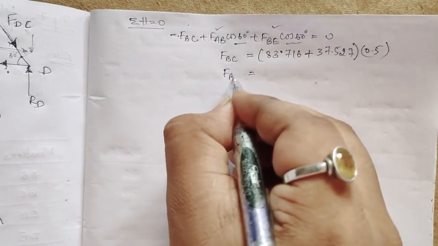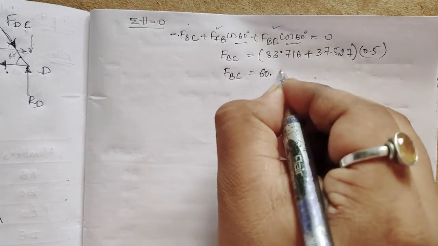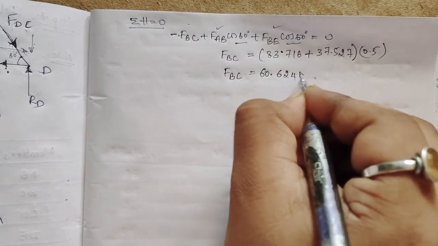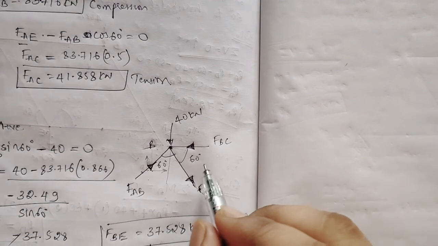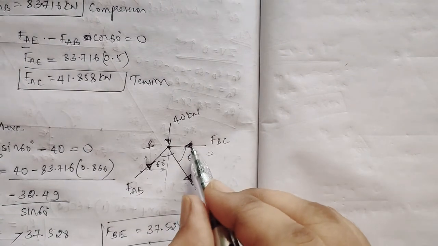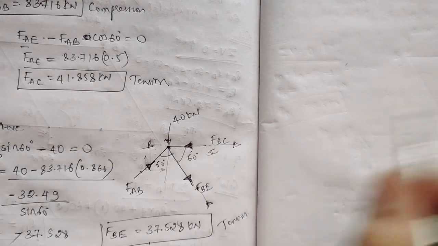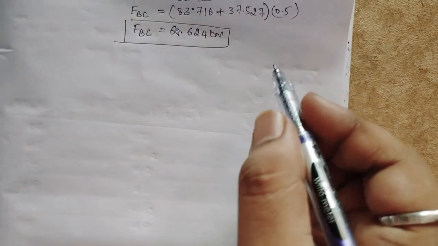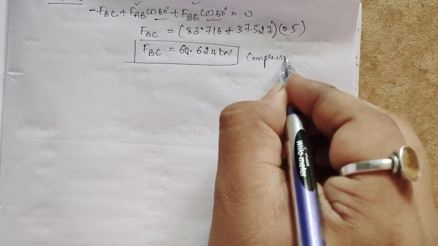So FBC will be equal to 60.624 kilonewton. So my assumption is correct, FBC is on this side, so it is compression. I'll take it as compression.